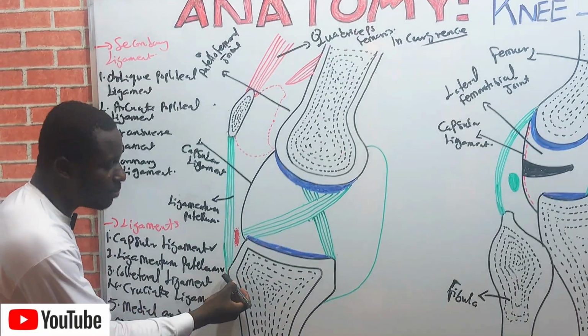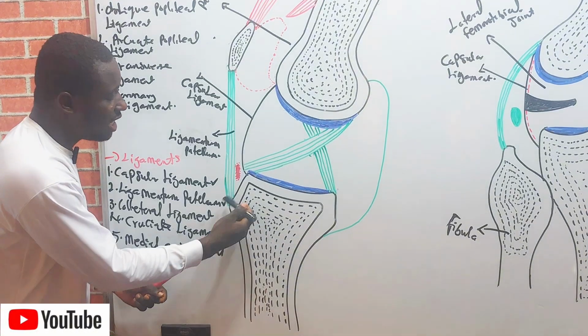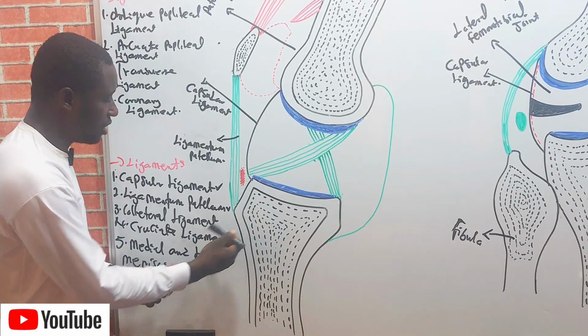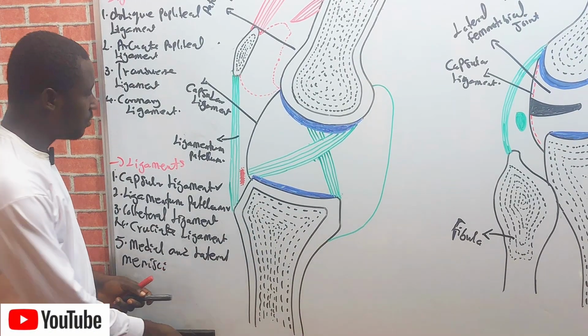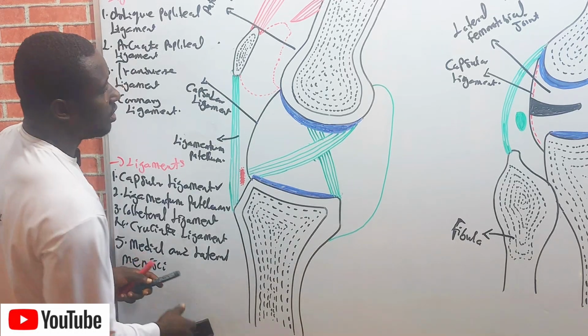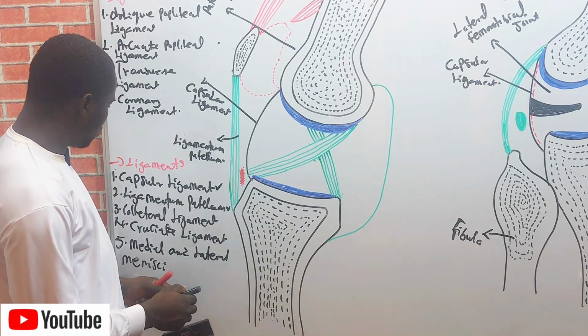Here is the tibial tuberosity, because this is the tibia bone. So that is how it is arranged. Now, the next we shall be looking at is the collateral ligament.